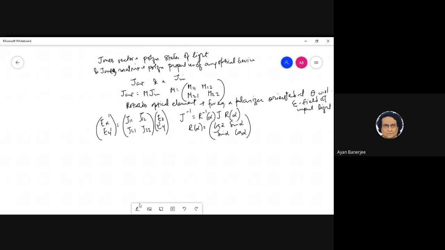Alpha is the angle of the device with respect to the x-axis. So for the polarizer, it is theta with respect to the lab frame or the x-axis of the electric field. Okay, with respect to that.